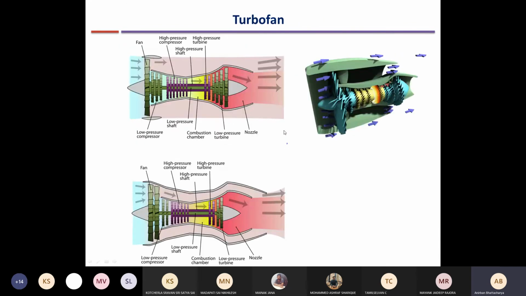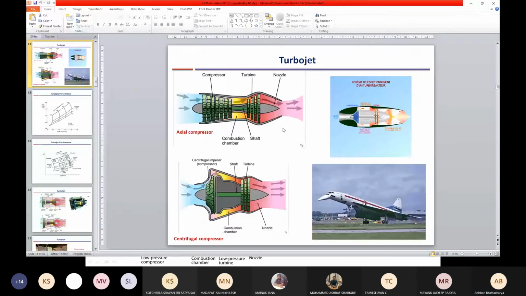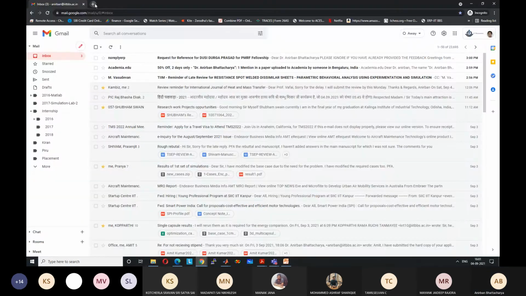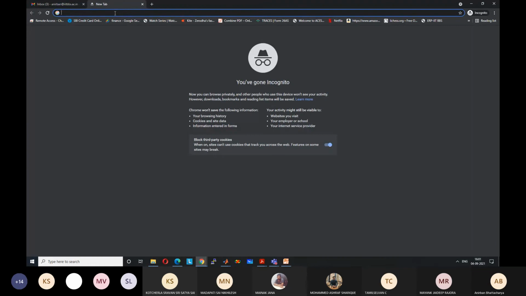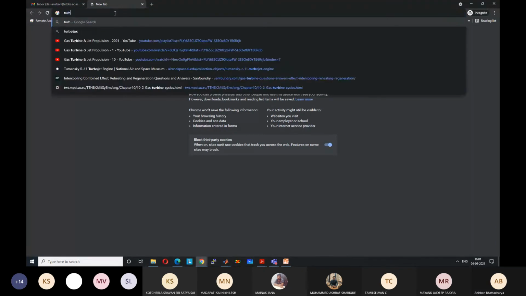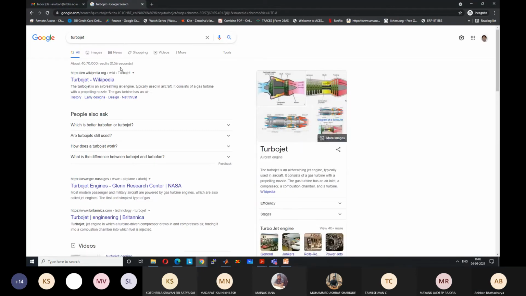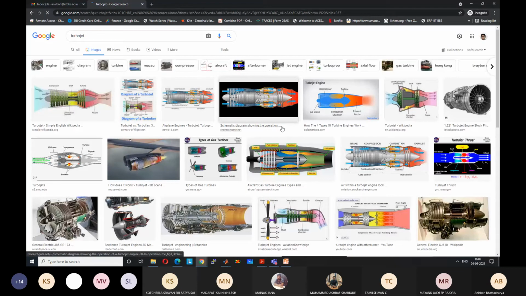Okay, let me see whether we can find something. Turbojet.